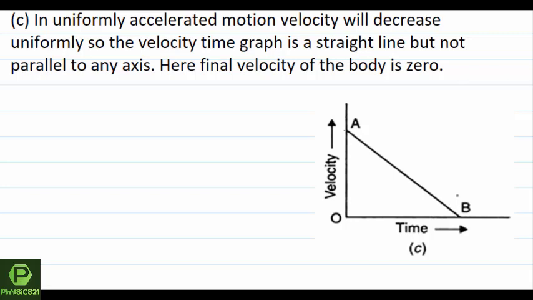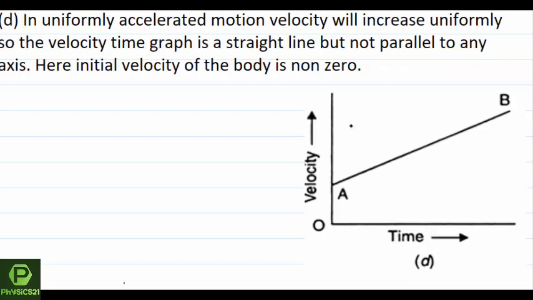Here the slope of the graph will be negative, meaning this angle will be greater than 90. That means the acceleration will be negative. So this is the graph which represents uniformly retarded motion of the body.